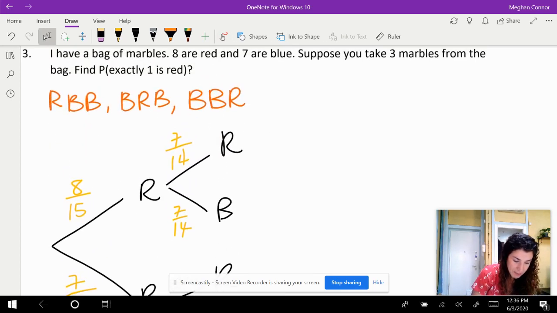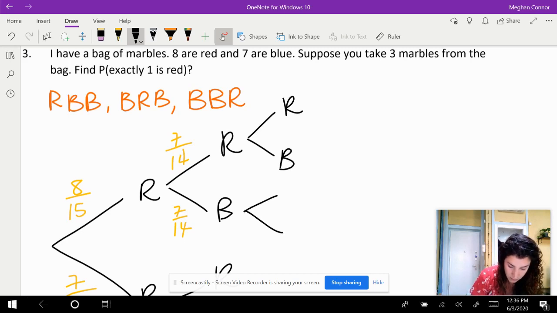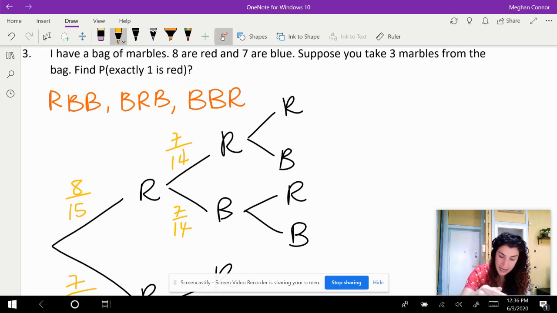I'm going to continue down this path and finish it up because we still have a 3rd marble to pull out. Red again up top. Now we would have 6 out of 13 versus blue.